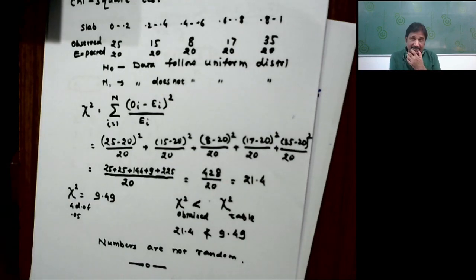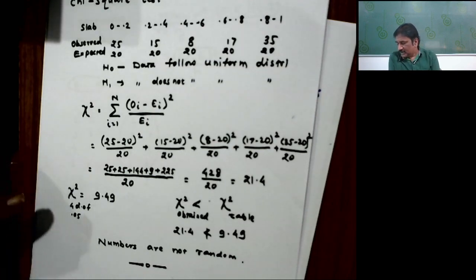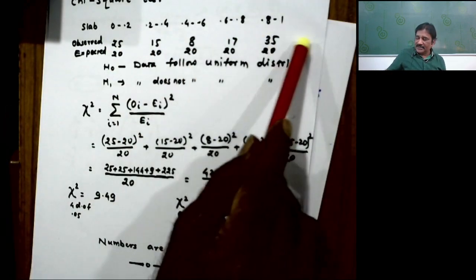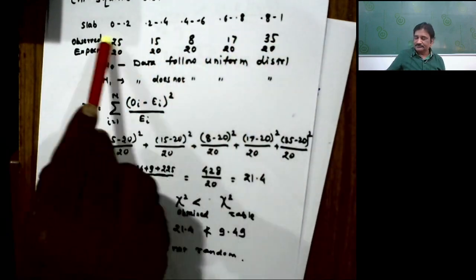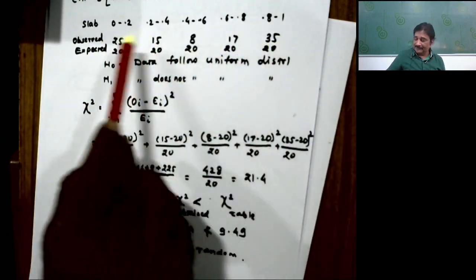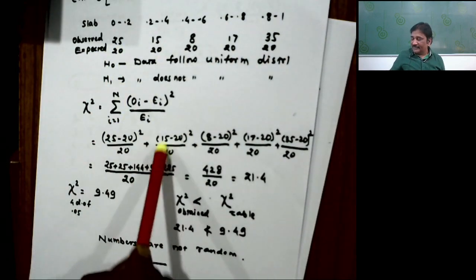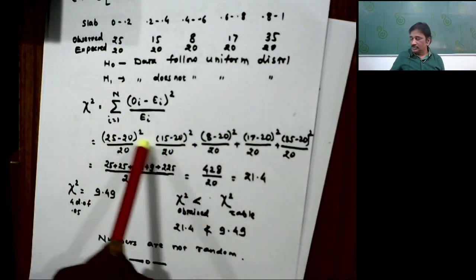Now I'll discuss an extreme case, whereby if you forget which number has to be less than which, you can ask yourself: had those observed frequencies all been 20, then your chi-square value would have turned to 0.